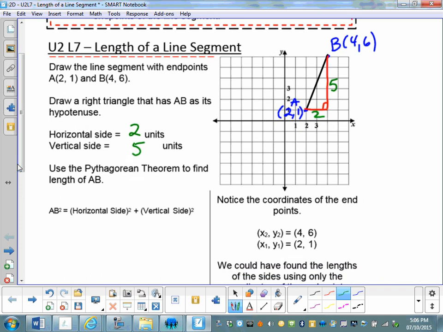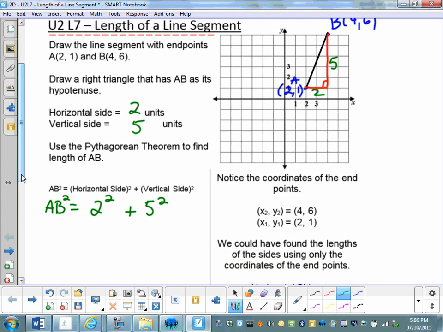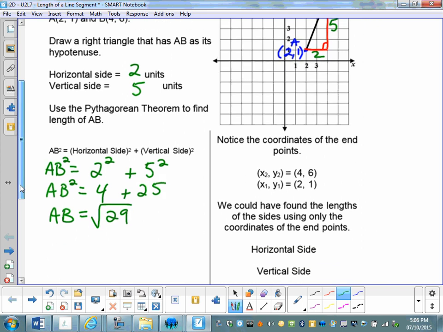And so to find the length of AB, it's the hypotenuse, so AB squared is equal to 2 squared plus 5 squared. And if I go ahead and calculate this, I end up with the square root of 29.